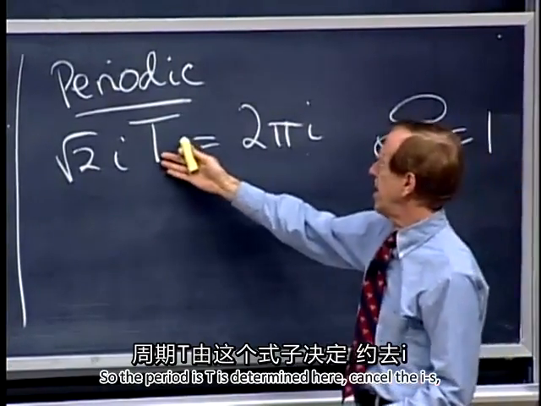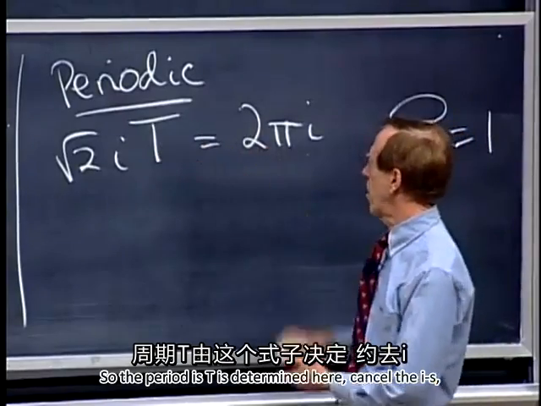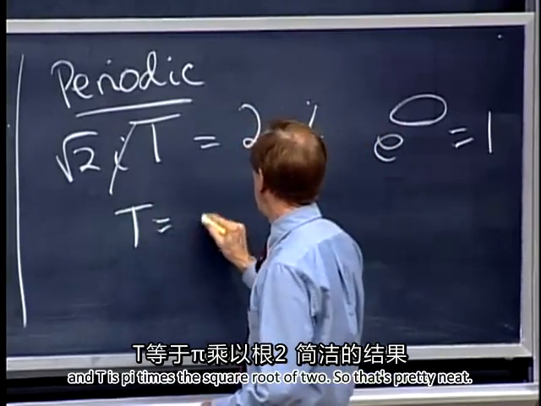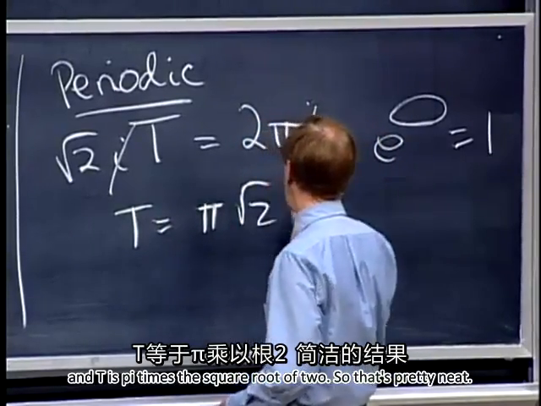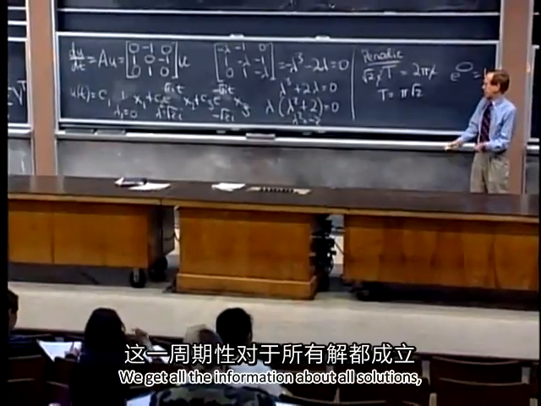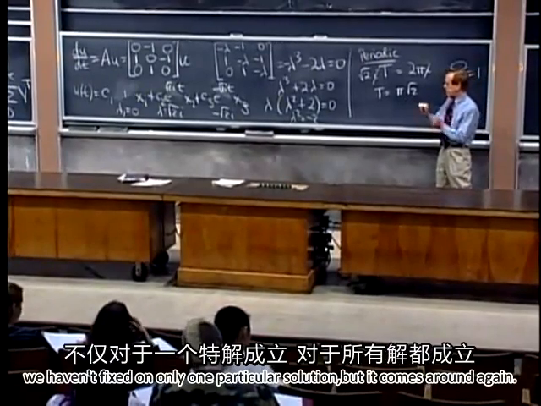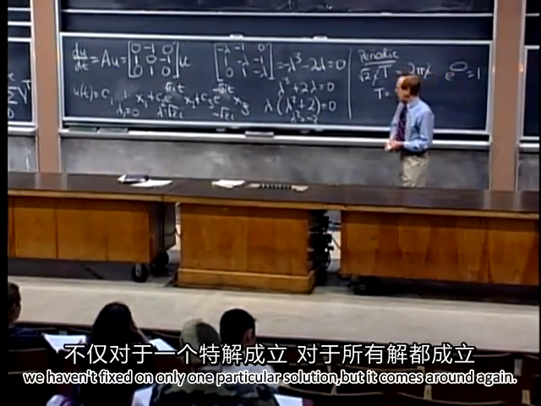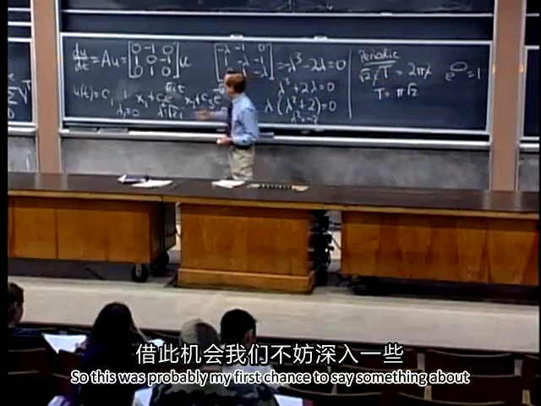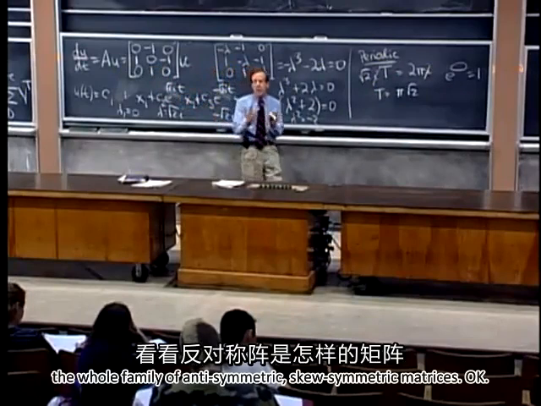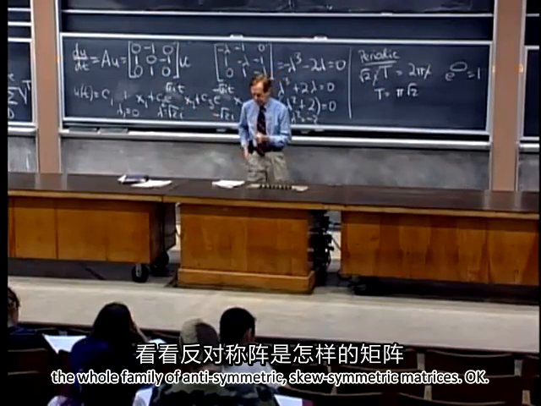So the period is determined here. Cancel the i's, and T is pi times the square root of 2. So that's pretty neat. We get all the information about all solutions. We haven't fixed on only one particular solution, but it comes around again. So this was probably my first chance to say something about the whole family of antisymmetric, skew-symmetric matrices.